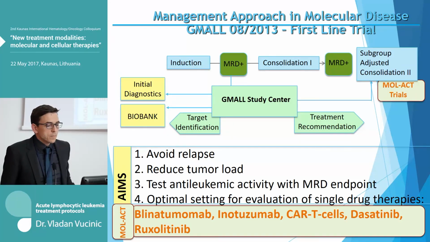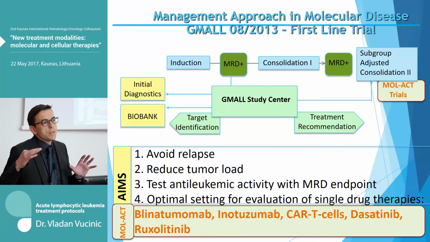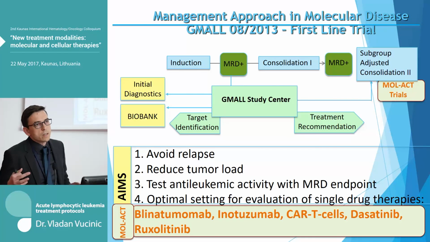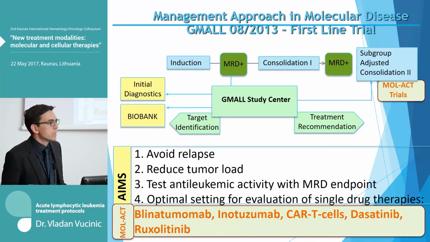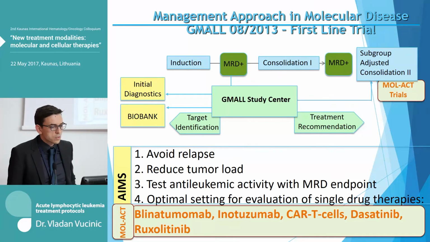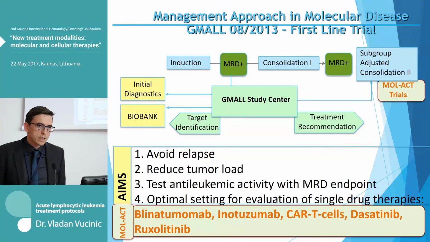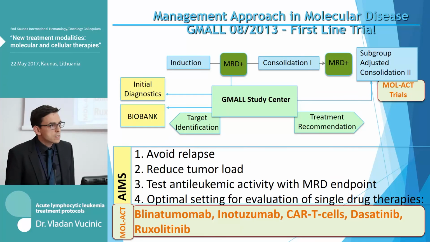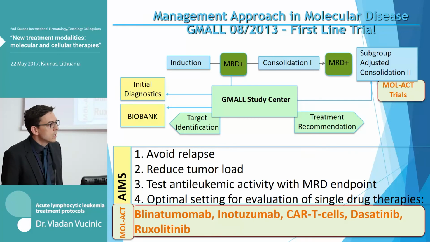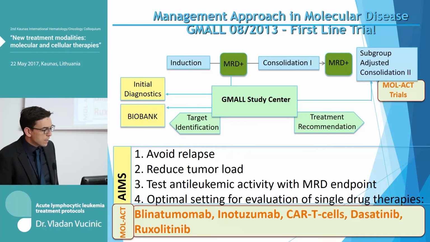All of those things, the German ALL group tried to put in one common concept, and this common concept is the new trial, 0813. We were waiting for 2 or 3 years to start, and we started with it in Germany this year, and Leipzig is also one of the centers, already enrolling 2 patients.